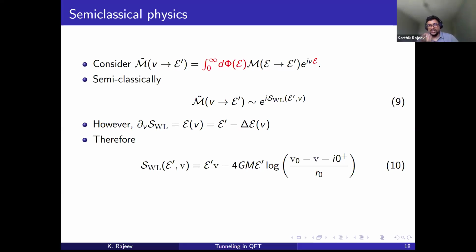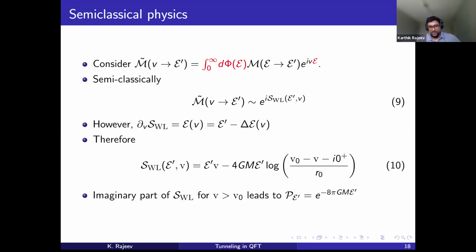But then you can use the analyticity argument to analytically continue that action into regions where it is forbidden. So equation 10 is after all that is done. This I0 plus is taking care of the fact that this is an analytic function in the appropriate domain.